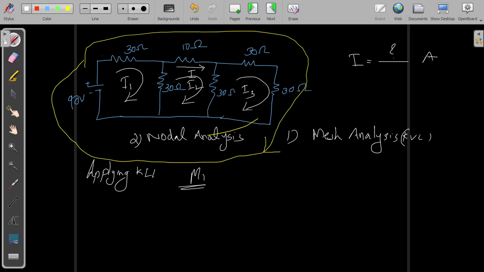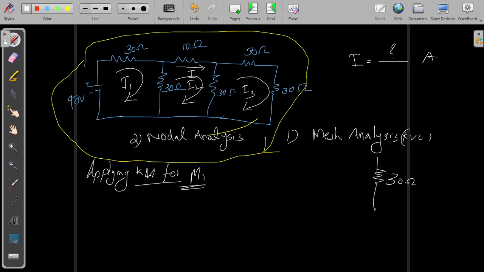KVL for M1. I have the current through the 30 ohm resistance. You have to closely observe what is the current through the 30 ohm resistance. The 30 ohm resistance is carrying a current with respect to I1, when I am considering mesh 1.